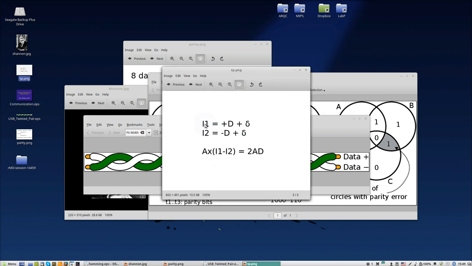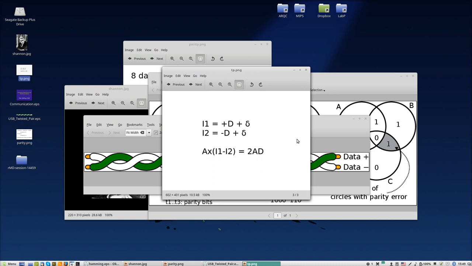If on one wire we send the signal and it catches noise, which I call delta here, and on the other wire we get minus the signal and it catches the same noise, because the wires are so close together that the interference from outside, from the university, is more or less the same. If we now use a differential amplifier and amplify the difference between the two signals, you will get exactly only a signal proportional to the original information signal, and the noise has been completely eradicated.